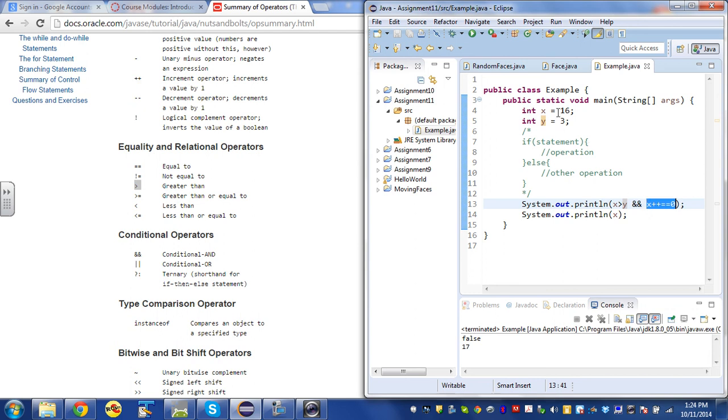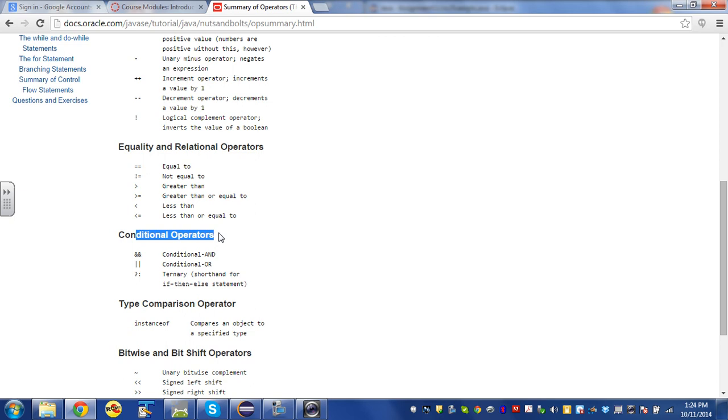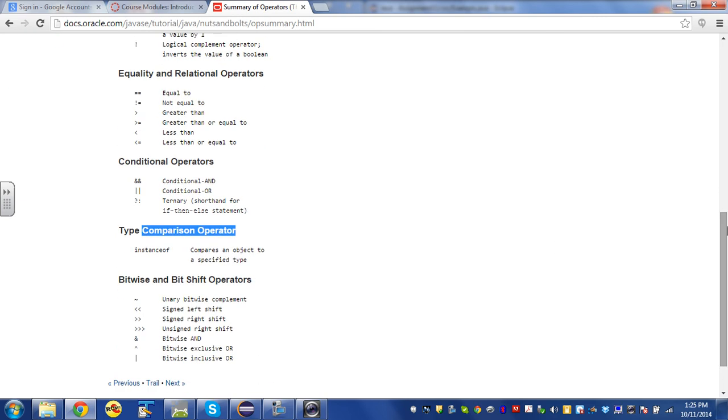And so x ends up as 16, and since this statement is false, it prints a false. So the relational operators, conditional operators, they can be a little bit tricky. Please be careful. I'm going to ignore the ternary operator, the type comparison operator, and the bitwise and bit shift operator. Now notice that I've been doing this and or.